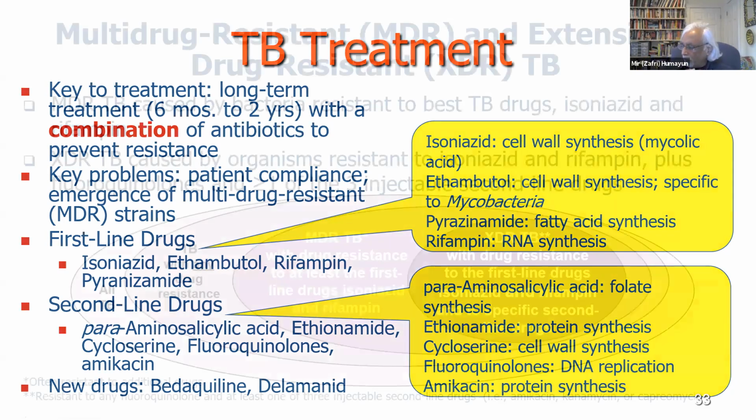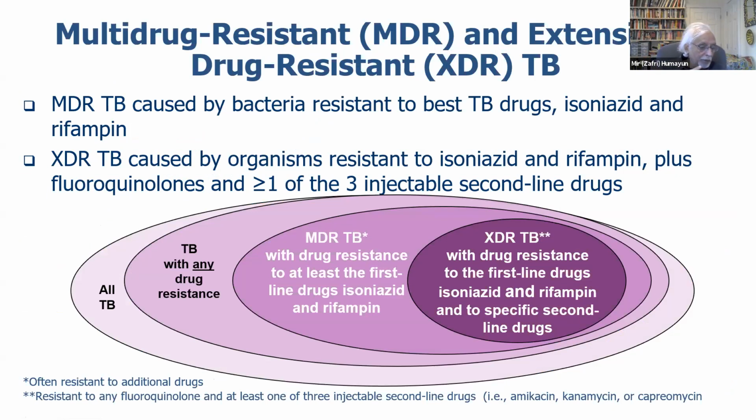It's very important to recognize that there are multi-drug resistant, or MDR, TB bacilli that are increasingly being encountered, and there are XDR, extensively drug resistant, TB as well. Okay, so MDR and XDR have rather precise definitions, and those are summarized in this slide and also shown diagrammatically at the bottom.